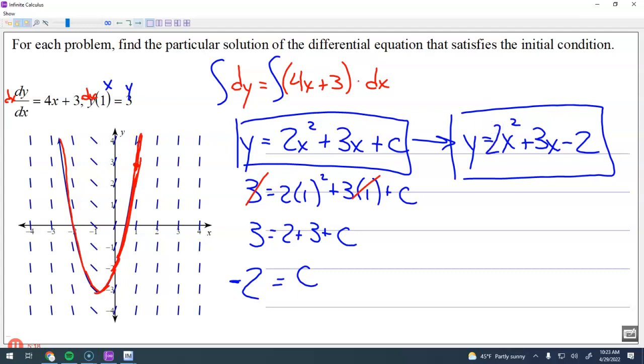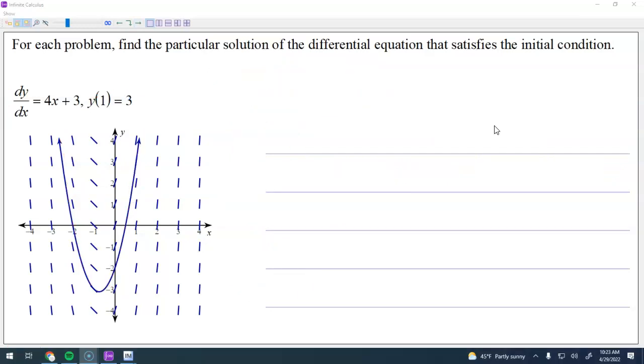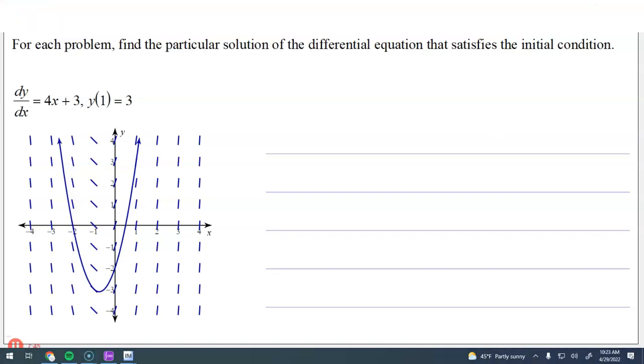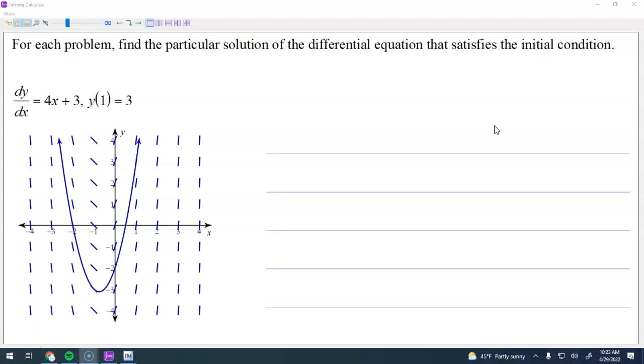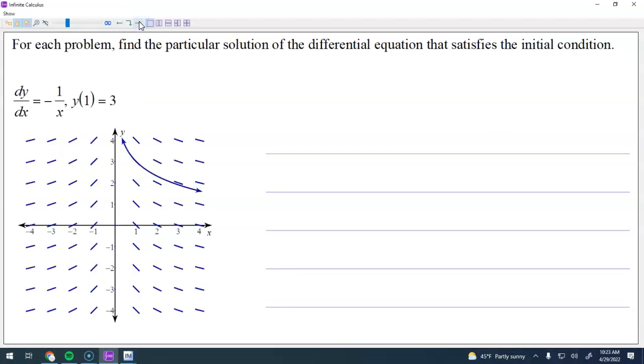Is that still tough? You want to try 3? No, don't do 3.